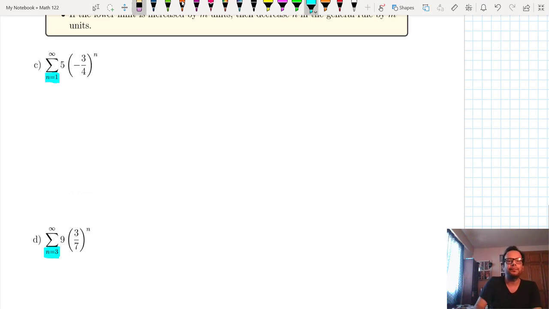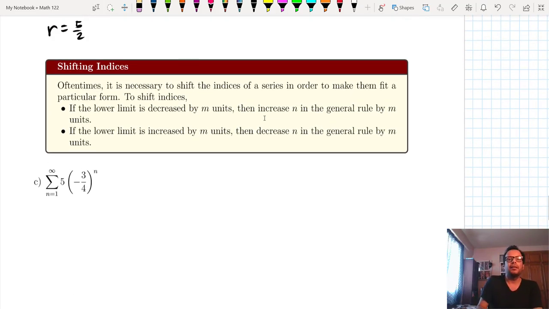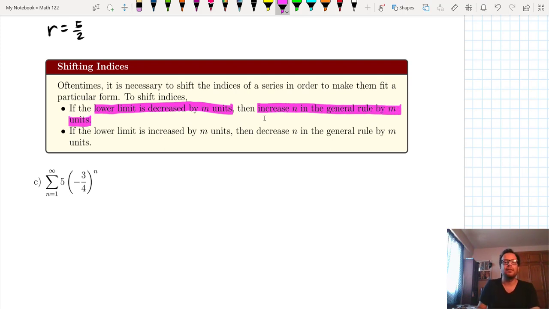So what do we do? If the lower limit is decreased by m units, then increase n in the general rule by adding m units. If otherwise the lower limit is increased by m units, then decrease n in the general rule by m units.